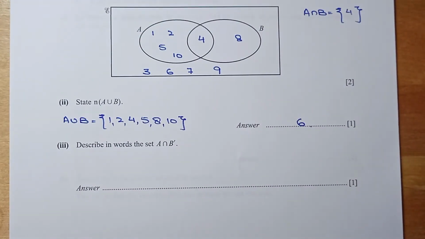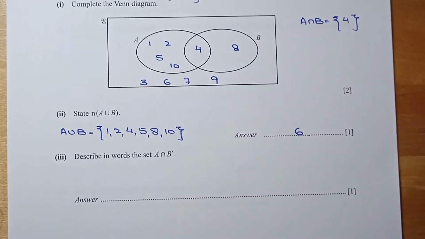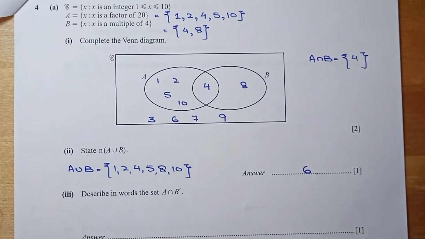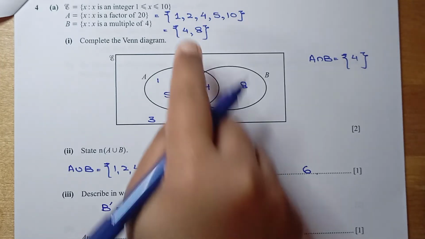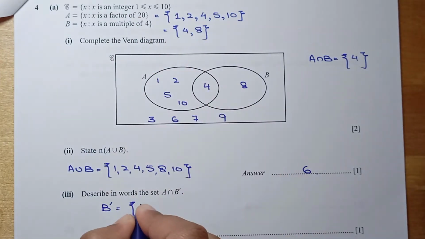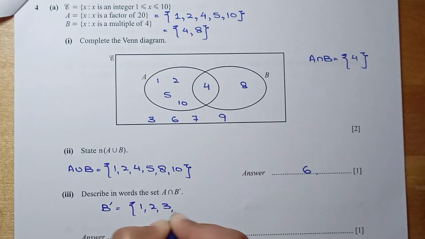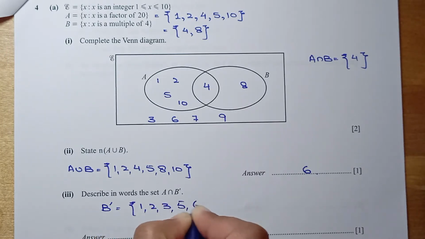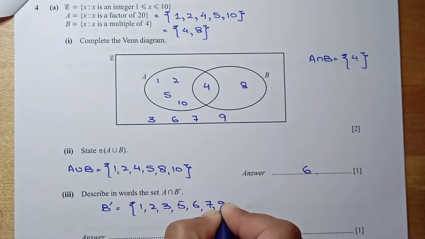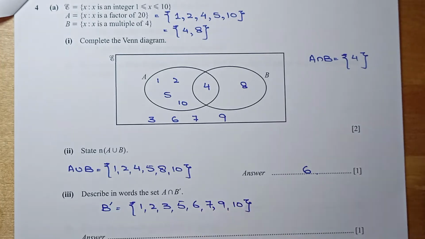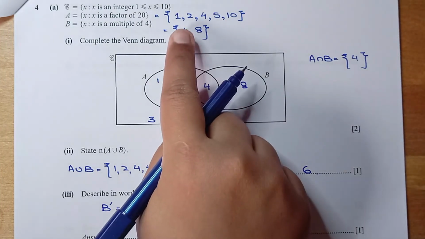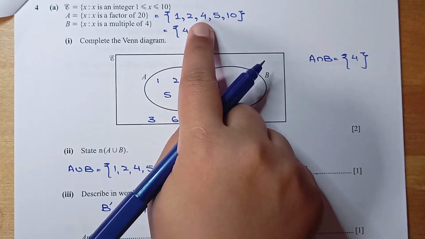For the third part, describe in words the set A intersection B complement. Okay, so first let me find out the B complement, since B is 4, 8. So B complement would be subtracting 4 and 8 from the universal set. It would be 1, 2, 3, not 4, 5, 6, 7, not 8, 9 and 10. Right? Now let me find its intersection with A. A is 1, 2, 4, 5, 10.